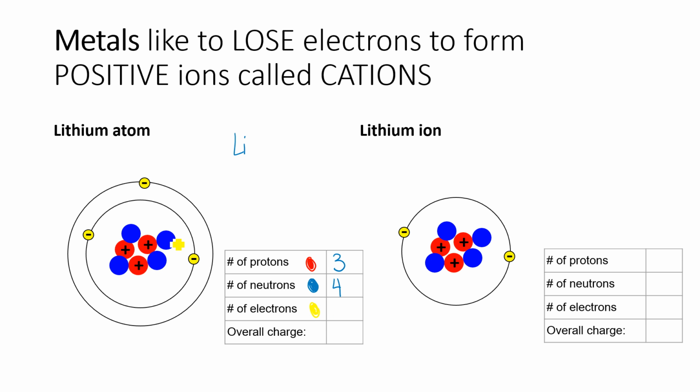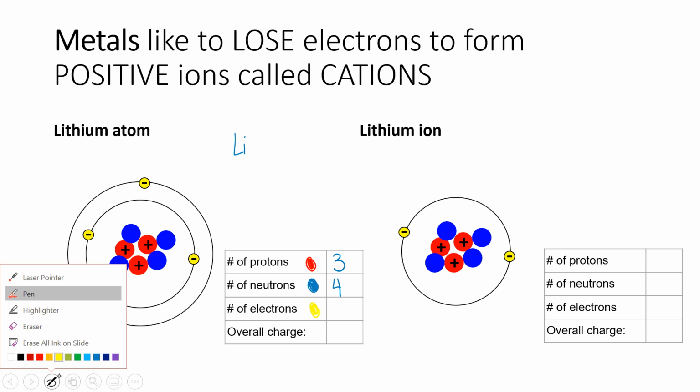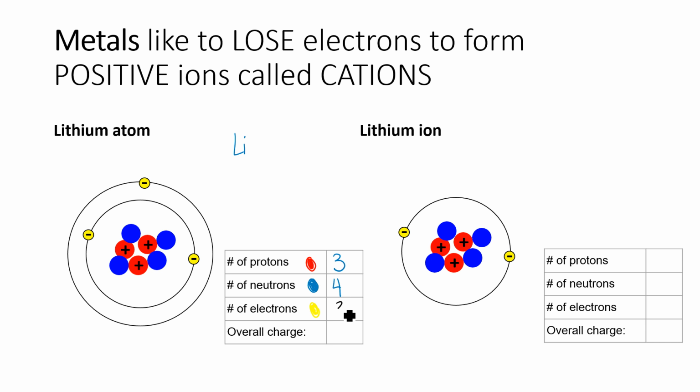It looks like in this diagram, this atom has 3 protons, 4 neutrons, and 3 electrons. We should notice that in a neutral atom, the number of positive protons is the same as the number of negative electrons.